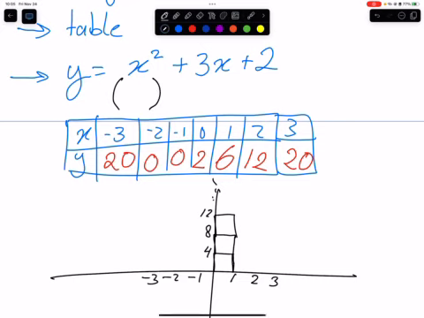You decide which number, because it's not stated. So the first thing, x is negative 3. Negative 3 what? Squared. And negative 3 squared is 9. Oh wait, there's my mistake.